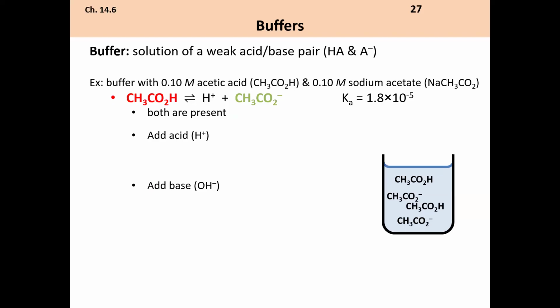That sodium acetate is going to produce 0.1 molar of my acetate. So I have acetic acid and I have acetate. Both are present. And I'm told that the Ka is 1.8 times 10 to the negative fifth.